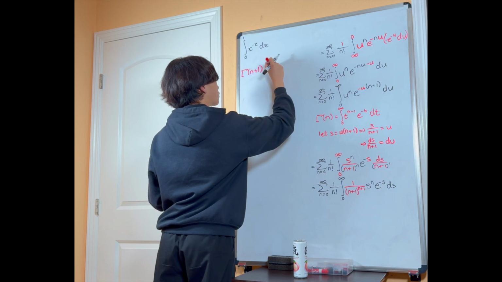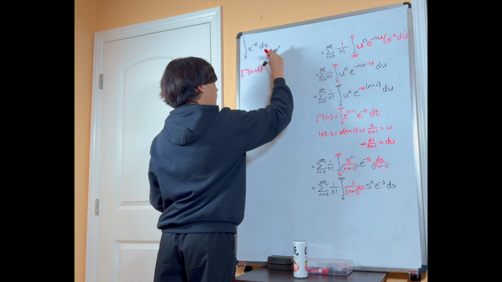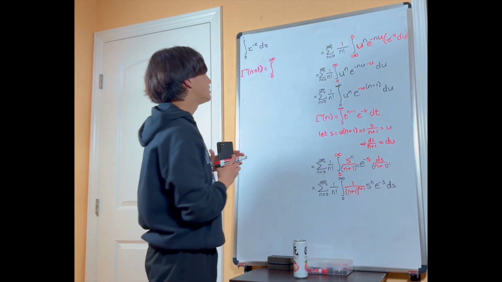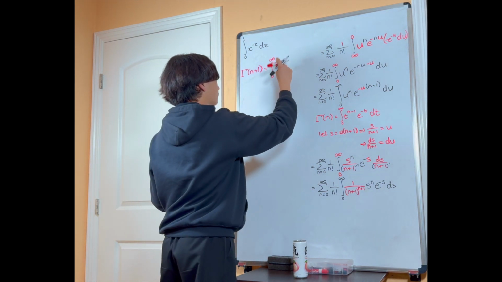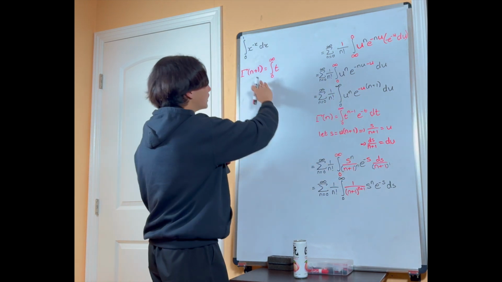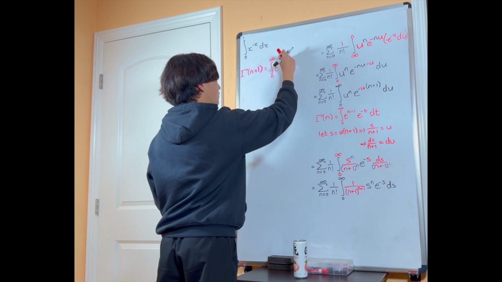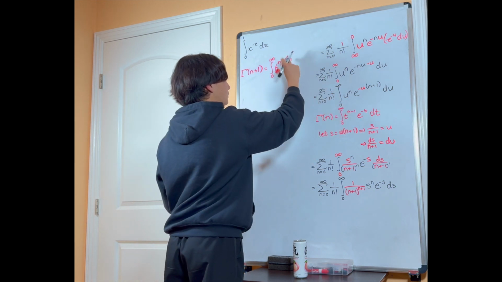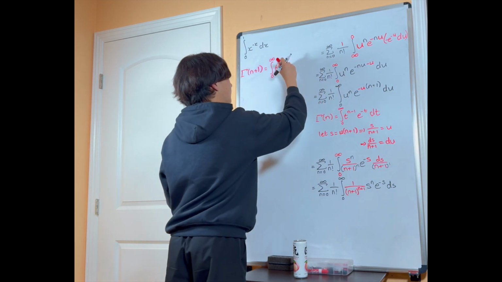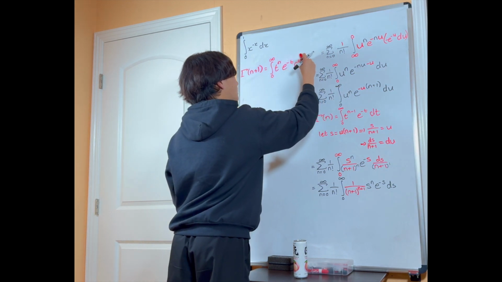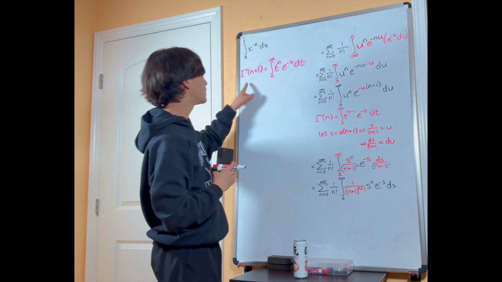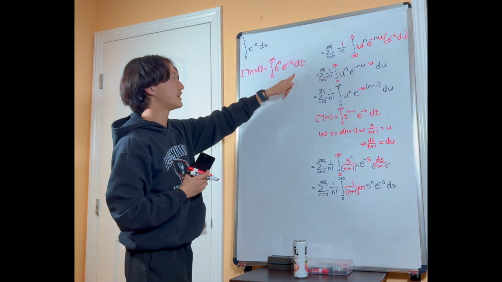Well, we still have the integral bar. That doesn't change. The only thing that changes is where the input comes in, right there. We have t to the n. Our input here is n plus 1, but we still have this minus 1, so they actually just cancel. And then we have e to the negative t dt. So notice that what we have going on here, s to the n, e to the negative s, is really just gamma of n plus 1, t to the n, e to the negative t.